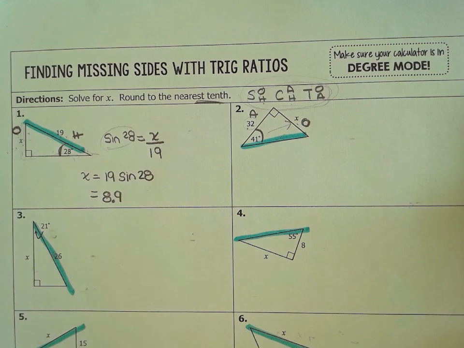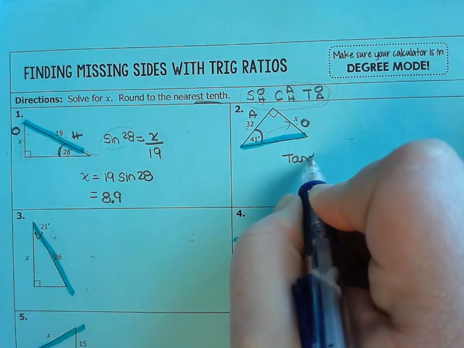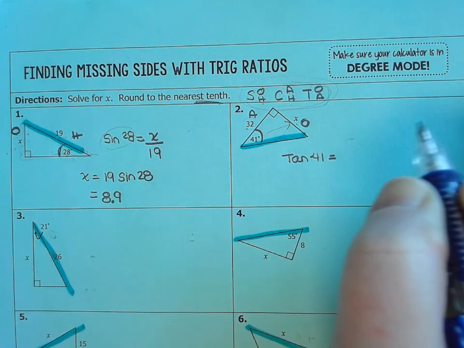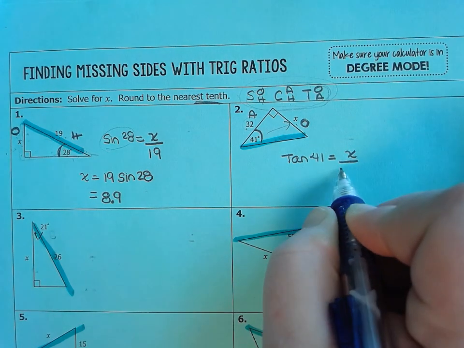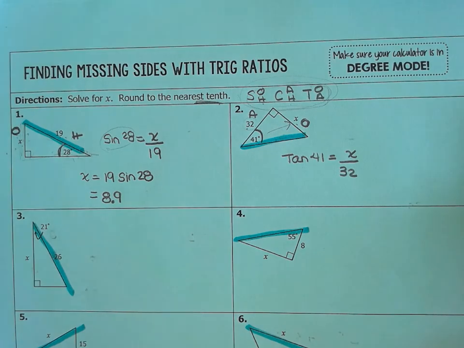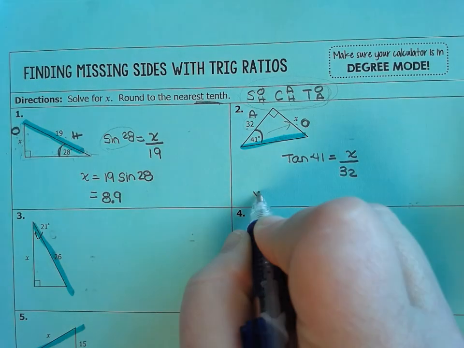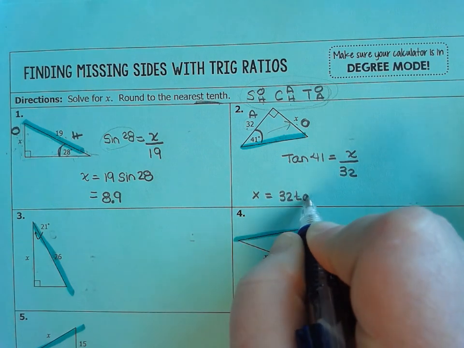Tangent. So the tangent of 41 degrees is equal to the side opposite, which is x, over the adjacent side, which is 32. And to solve for x, I get 32 times the tangent of 41.